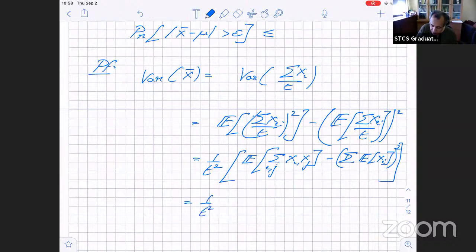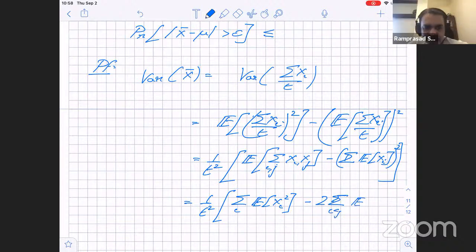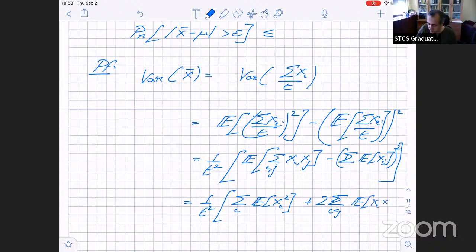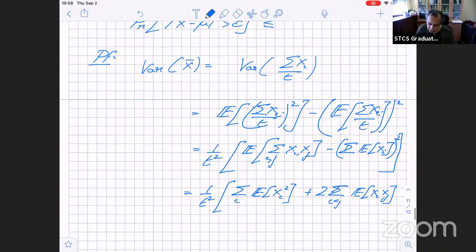This is 1 over t squared times the expectation of the summation of xi squared, which is when i and j are equal. Otherwise, for i not equal to j, plus expectation of xi xj, minus the summation of expectation xi times expectation xj.